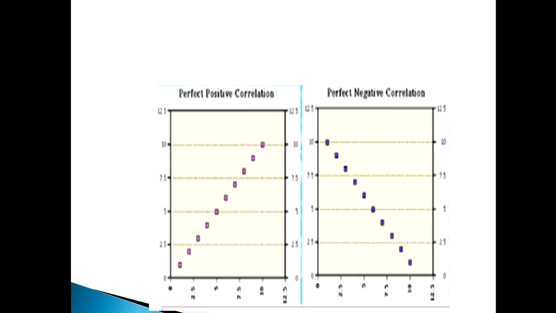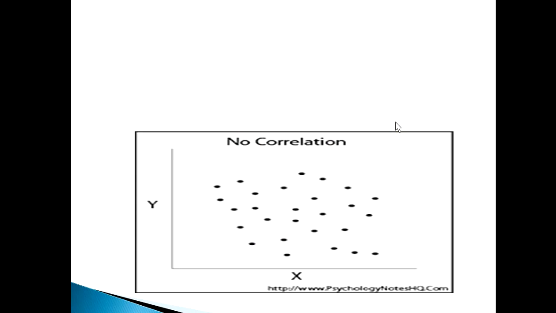And the negative correlation, as we see in the second picture on the right, the line moved from up to down, and here we have perfect negative correlation because the value of R is -1. And here we have no correlation because the points are fluctuated away from the mean or the line.